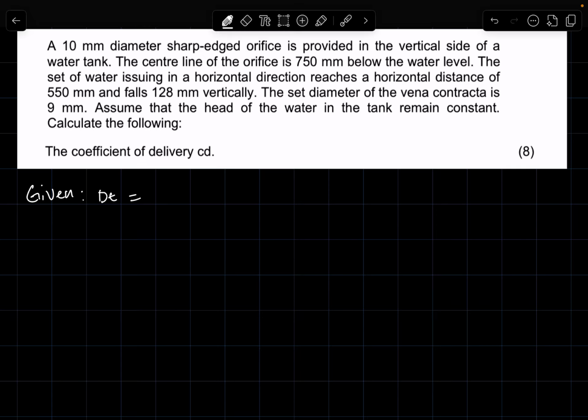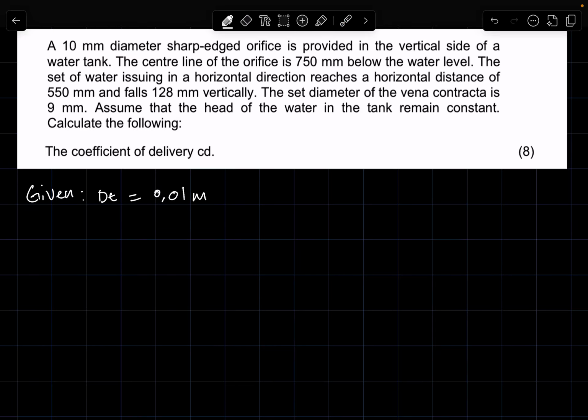So dt is equal to 0.01. Now all of our quantities here we have to use in their standard units of measurement, and the standard unit of measurement for diameter is meters. Hence you have to convert this into meters.